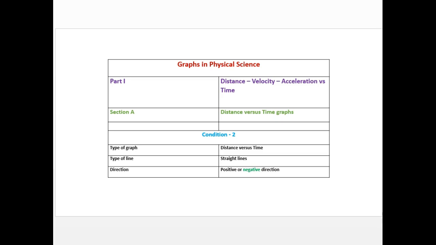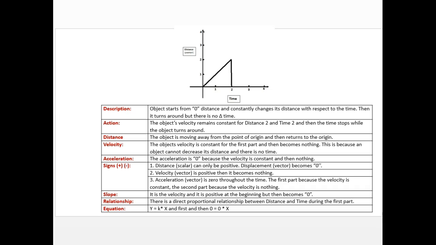So here we go with another video. This is the third video in the series. So we are looking at this graph.